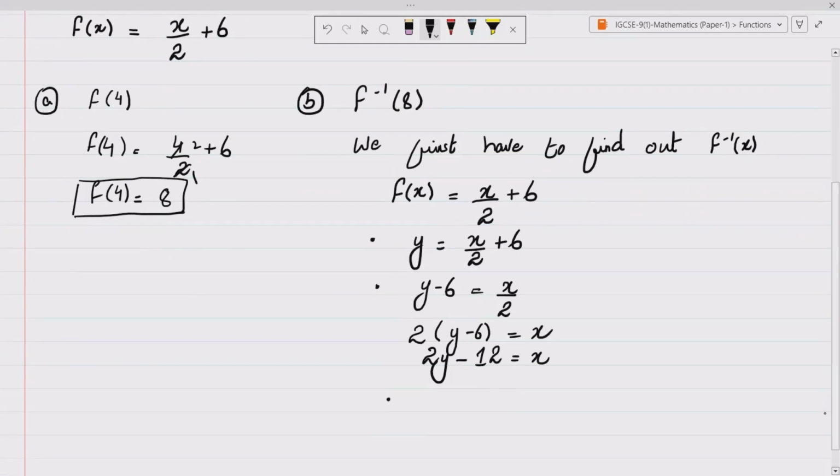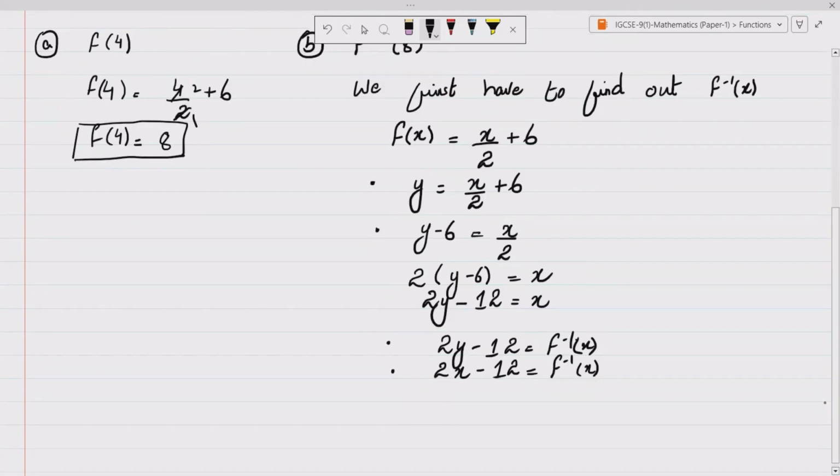Now the third step is to replace this x with f inverse of x. So we write f inverse of x, and in place of y we write x. So 2x minus 12 equals f inverse of x. So this is f inverse of x, which is 2x minus 12.